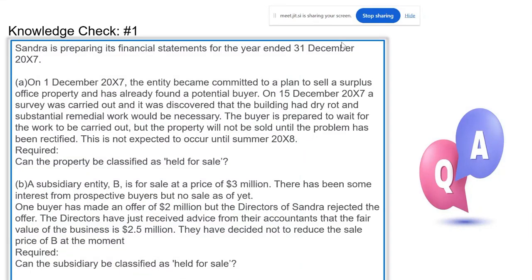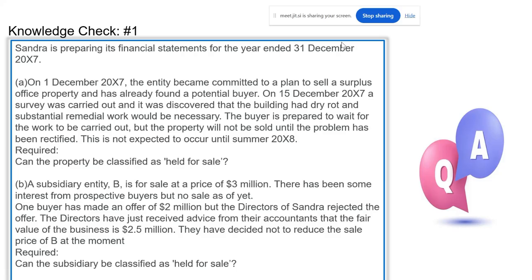Sandra is preparing its financial statements for the year ended 31st December 2007. A. On the 1st of December 2007, the entity became committed to a plan to sell surplus office property and has already found a potential buyer. On the 15th of December 2007, a survey was carried out and it was discovered that the building had dry rot and substantial remedial work would be necessary.